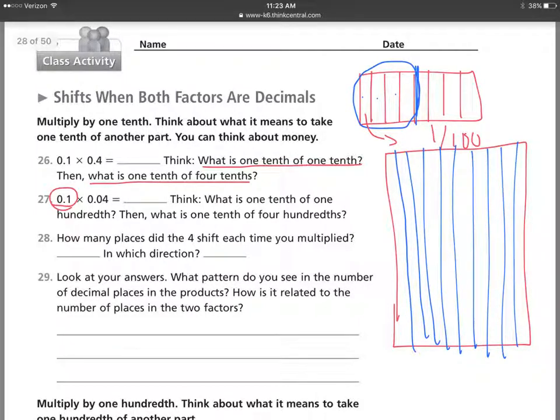So now if you take 4/10 of those thousandths, 4 of these rods, you would have the equivalent of 4 thousandths.